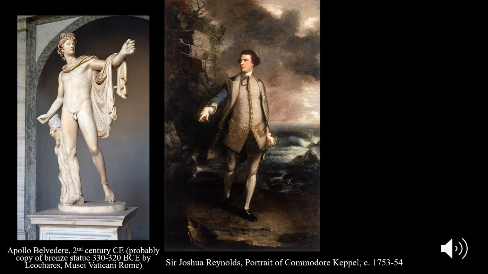Look at Commodore Keppel here. He's striding with really dramatic storm clouds gathering above him. The sea behind him is rough, right? This is stormy, showing the unpredictability, the theatricality of nature here.